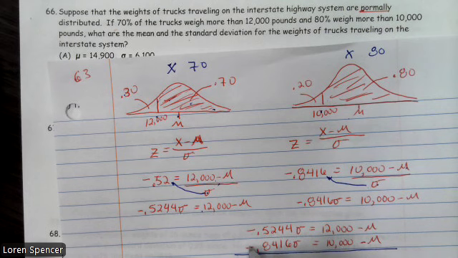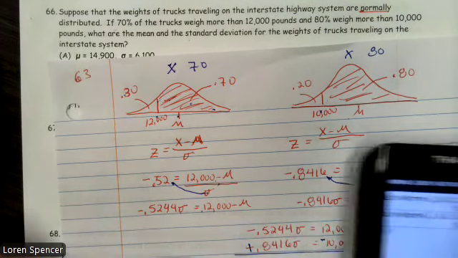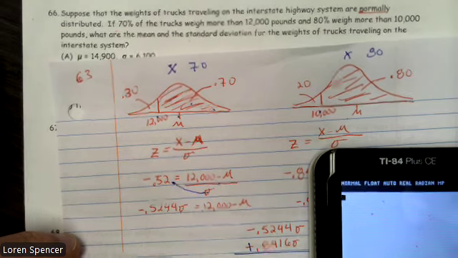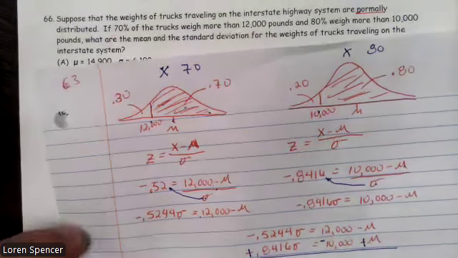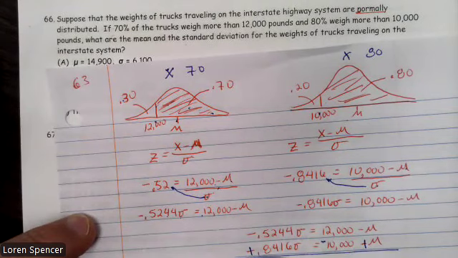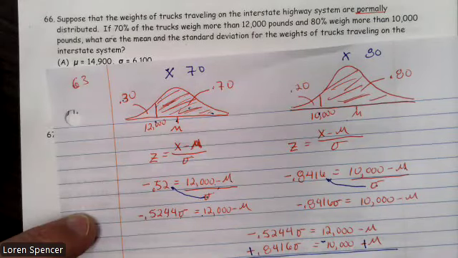At which point I'm going to combine by elimination because I can get the means to drop off by flipping all the signs on the lower one. So when I do that, I have negative 0.5244 plus 0.8416, and that equals 0.3172. 12,000 minus 10,000 equals 2,000, and my means went away.